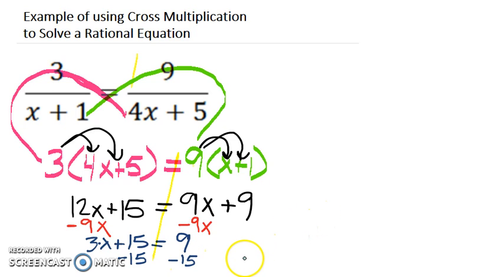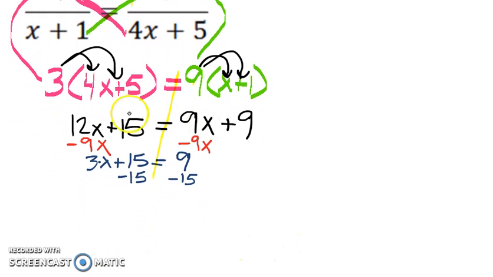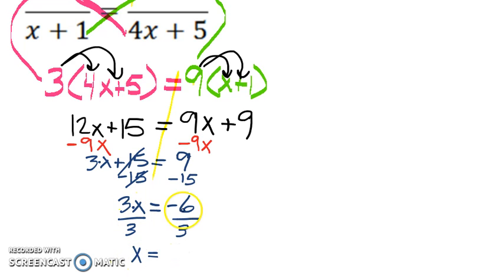On the left side of the equal sign, the positive 15 and negative 15 would cancel, leaving me with 3x equals, and 9 minus 15 is negative 6. Now the 3 is attached to the x by multiplication, so the inverse of that to cancel would be to divide by that 3. 3 divided by 3 is 1, and 1 times x is just x, equals, and then negative 6 divided by 3 is negative 2.